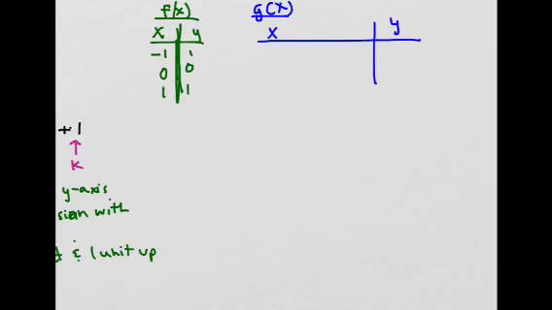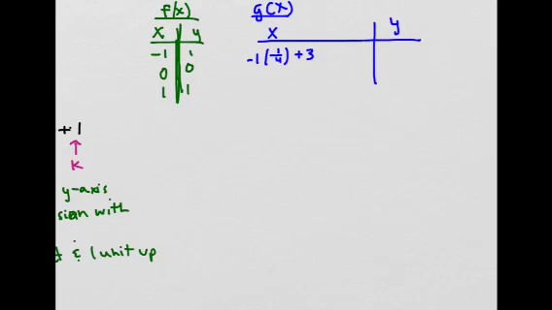Now g of x is a transformation. So what's going to happen is the x from f of x is going to be multiplied. So -1 is going to be multiplied by -1/4, and then we're going to add 3, because remember, b and h affect the x. Okay? And then the y is affected by a and k.